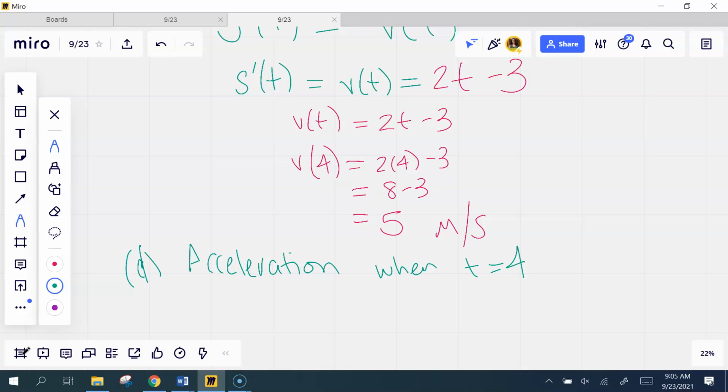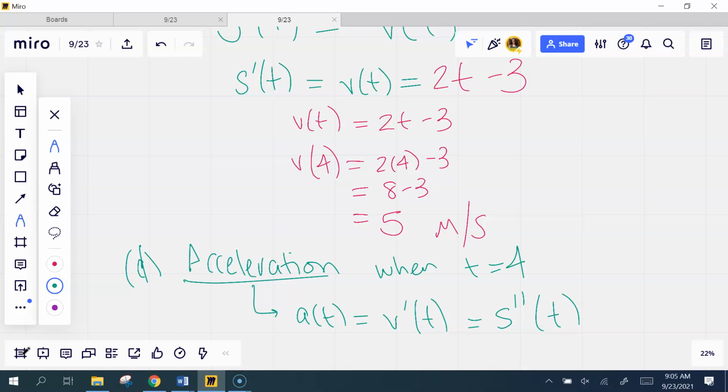If you'd had physics, this would probably make more sense. I'll just tell you. Acceleration is the instantaneous rate of change of velocity. So it's the second derivative. Acceleration is the derivative of velocity, which is the second derivative of position.